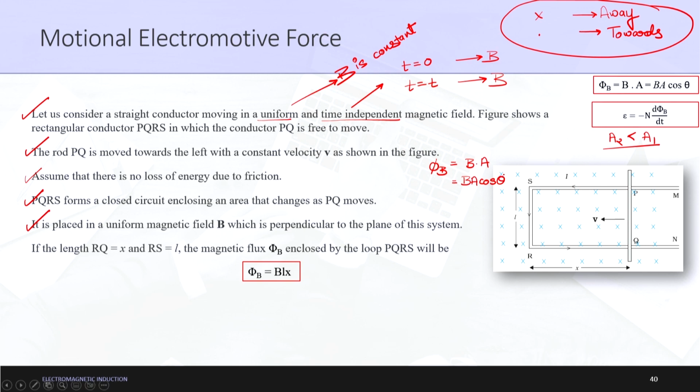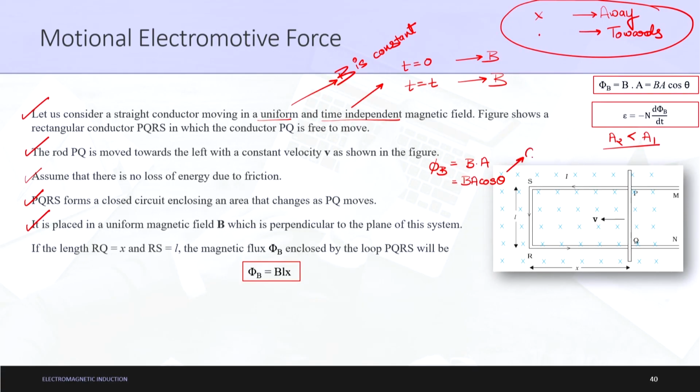As the direction of magnetic field B is going inside the screen, and as this is a planar loop and the direction of the planar loop area A is also going inside the screen, the value of theta will be 0. As theta is 0, cos 0 will be 1, that gives you B into A, where B is already B and A will be L into x.